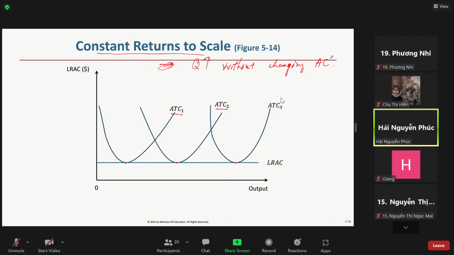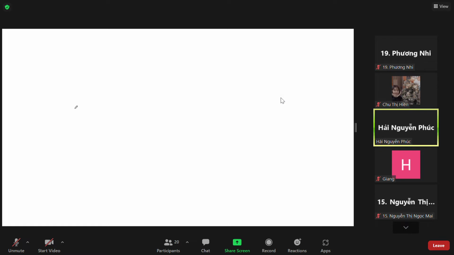So actually, in practice, many people believe that the long-run cost curve might look like the following. So suppose here we can divide it into three ranges. Here's economies of scale.